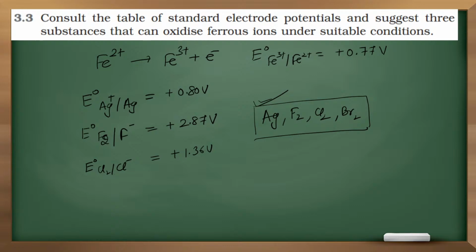So any electrode, any metal, or any species having a reduction potential more than that can oxidize Fe2+ ions. So that's why silver, chlorine, bromine, even oxygen, they can oxidize it.